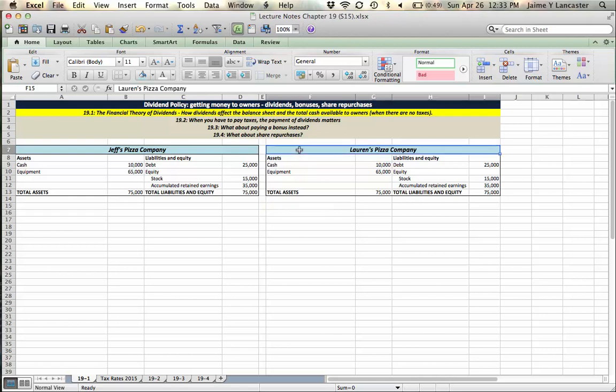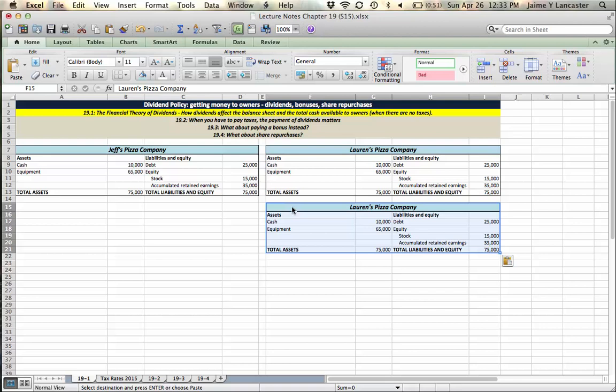So let's take Lauren's Pizza Company, and I'm going to copy this down here. This is going to be her balance sheet after she pays herself a dividend. All right, Jeff's, we'll copy it and bring it down here.